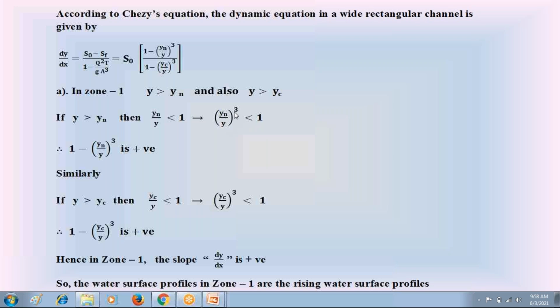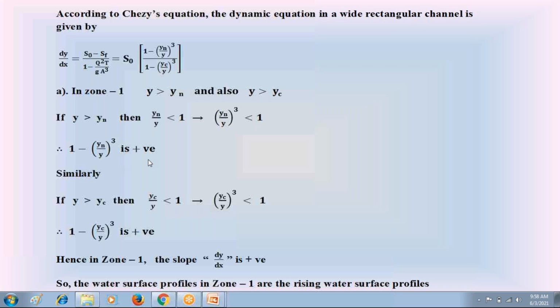Since (Yn by Y) whole cube is less than 1, 1 minus (Yn by Y) whole cube is positive. Because this (Yn by Y) whole cube is less than 1, 1 minus (Yn by Y) whole cube is positive.